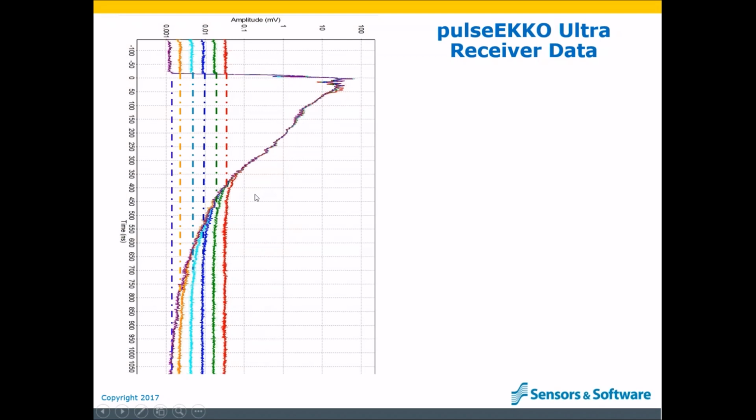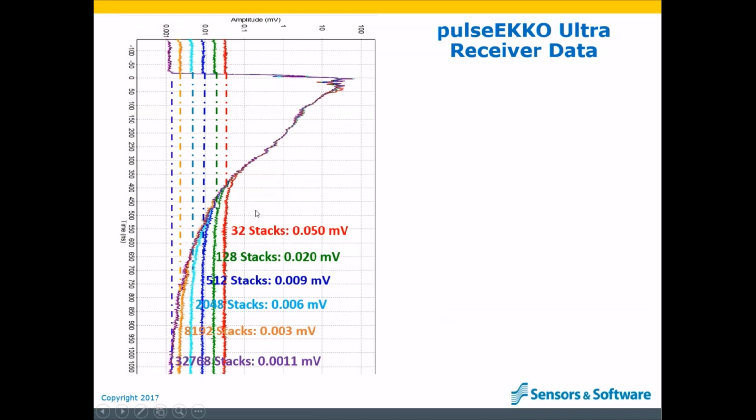Finally, the GPR signals decay back to the RF noise floor, which you will notice matches the noise floor from before the transmitter fired. This plot shows the data at stacks varying from 32 to 32,768.